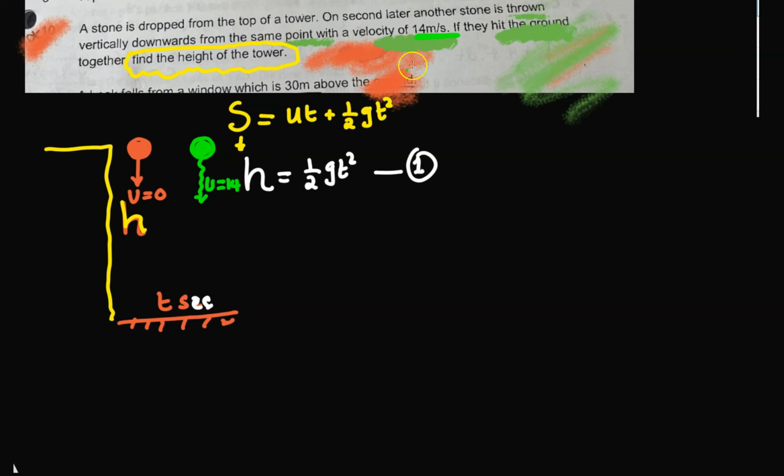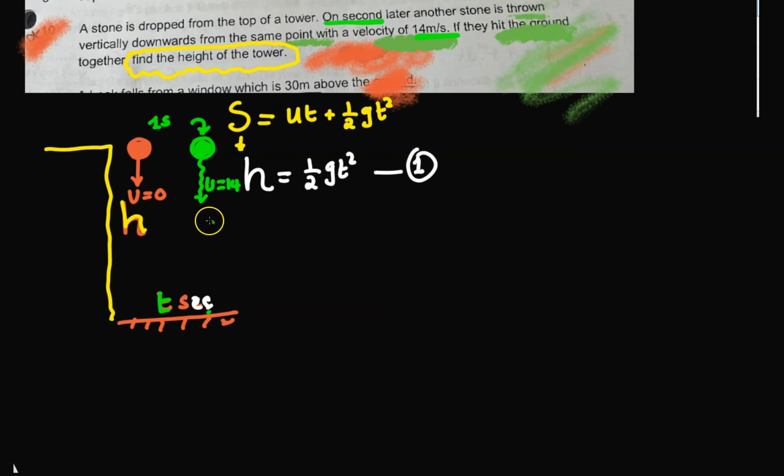So this is not going to start with 0 velocity, but with 14 meters per second. And remember, this second stone is released 1 second later, and they are going to hit the ground at the same time.